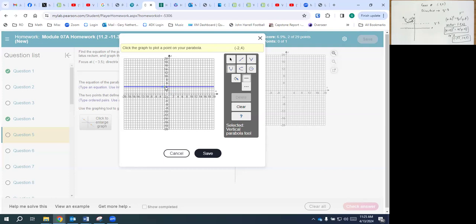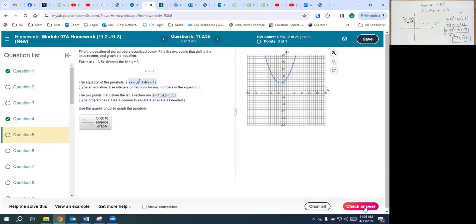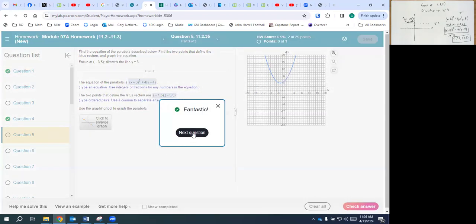So I'll go over to -1 and up to 5. It's too far. I'm looking here, look at the top, -1, 5. I'll save that, and hopefully this is the correct parabola. Okay, so those are some problems where you're given information and you're asked to find out the other stuff.